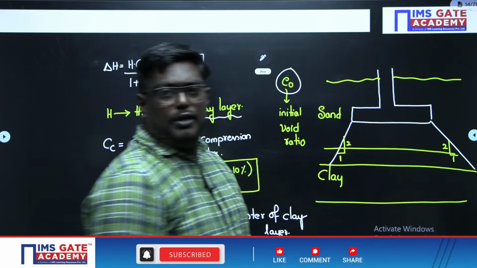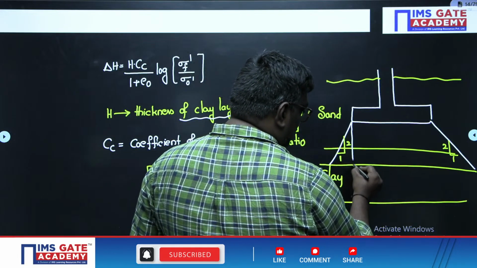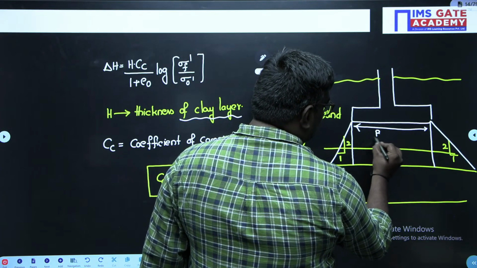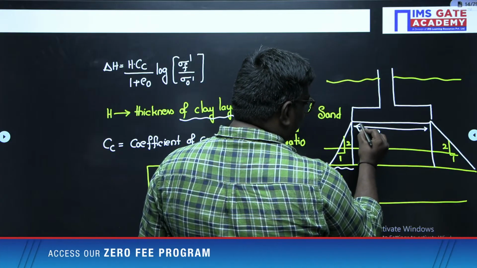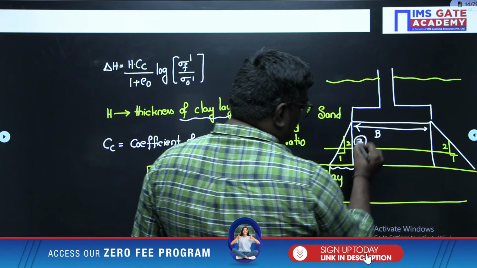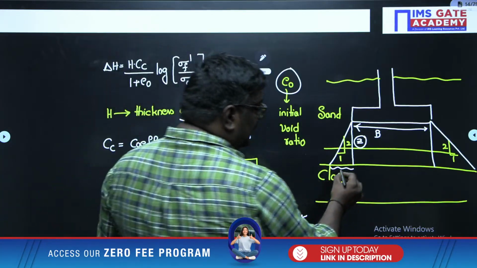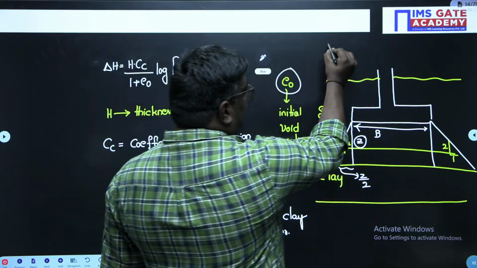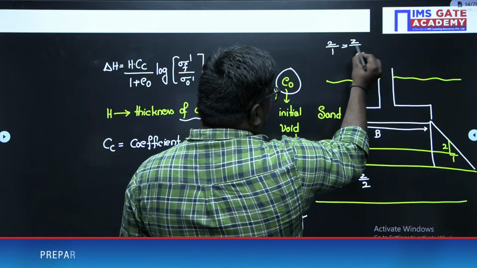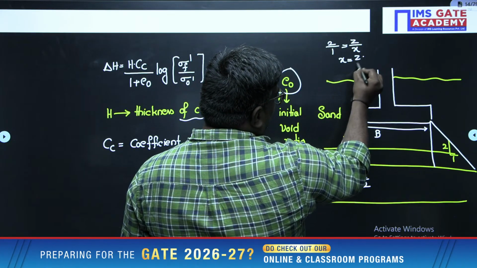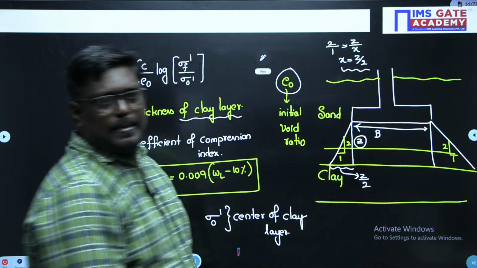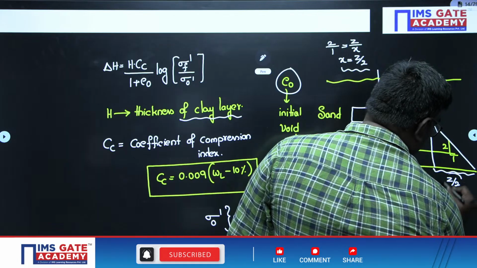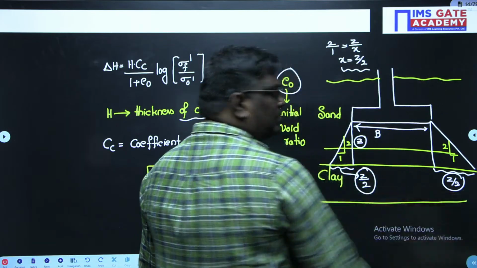If this is the width of the footing, B, and this depth is Z, this value will be taken as Z by 2, because 2 by 1 is equal to Z by X, so X is equal to Z by 2. Here also, this is Z by 2.